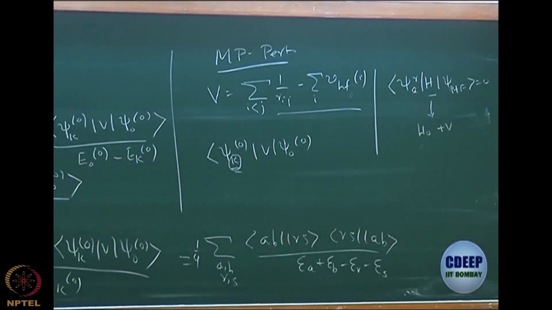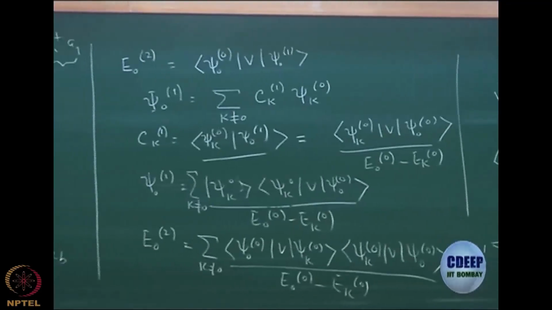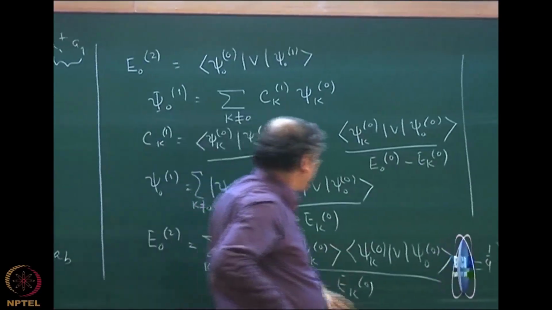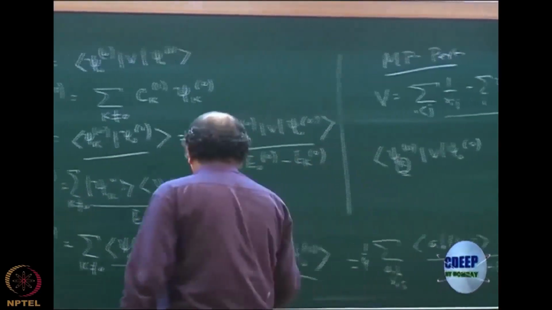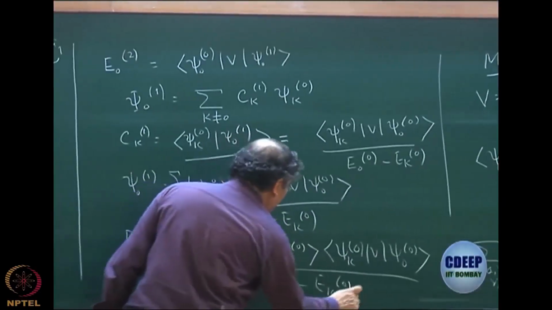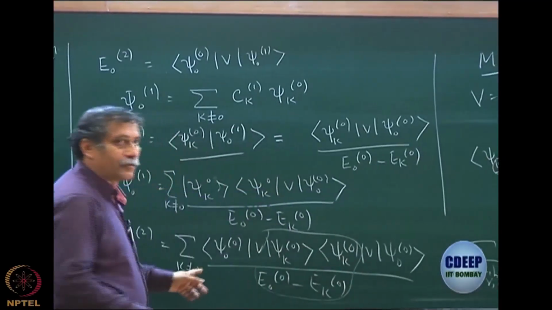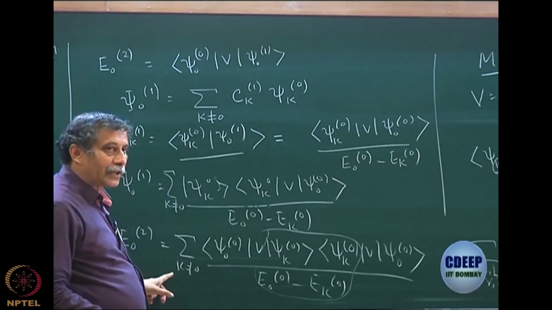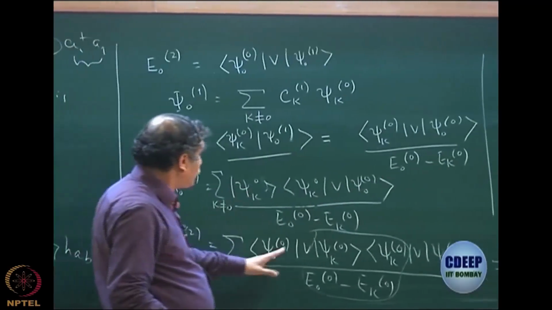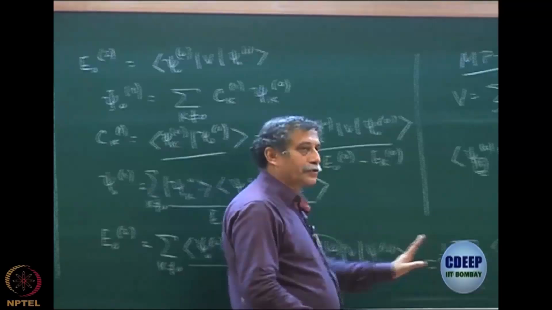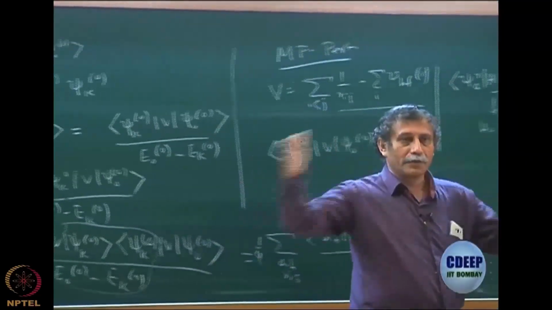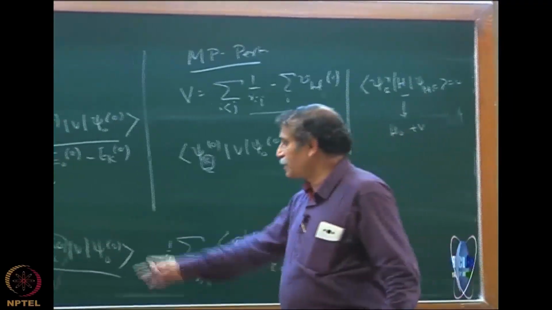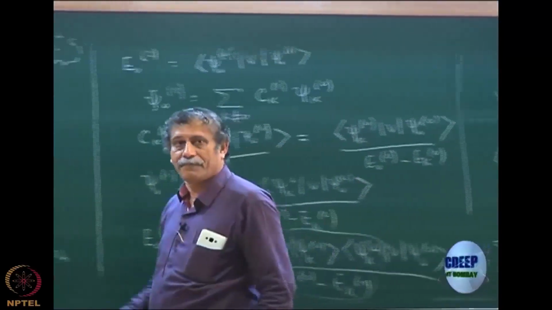That was the final formula when we expanded this psi k 0. We also said that if you construct this as a resolvent, then you can write it more nicely, including the sum over k, as psi 0 0 V resolvent V psi 0 0, where the resolvent is the sum over all the states psi k 0 divided by the energy.